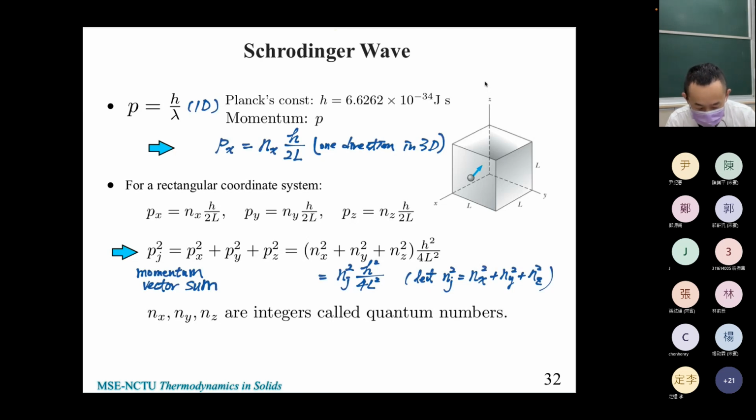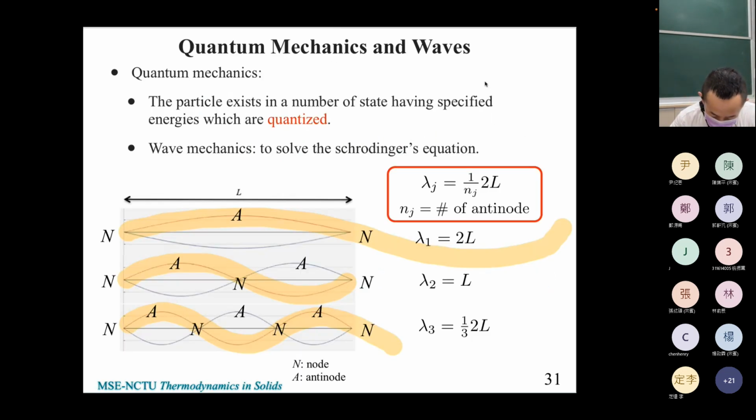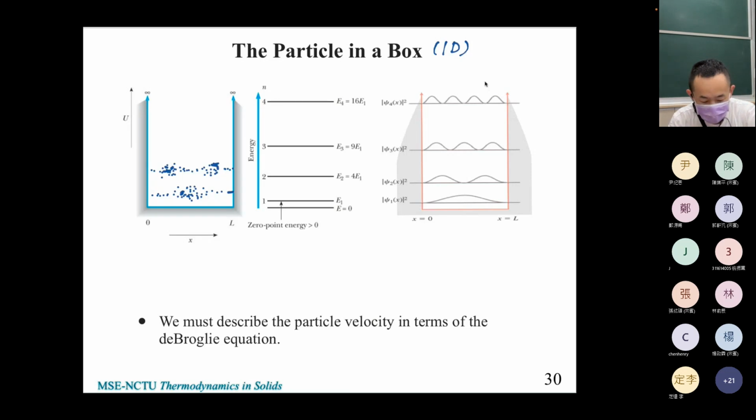Let's continue our lecture. The last time we talked about the particle in the box. We found that when the particle travels in the box in one dimension, the probability of finding the particle is not actually uniform. It depends on the energy.